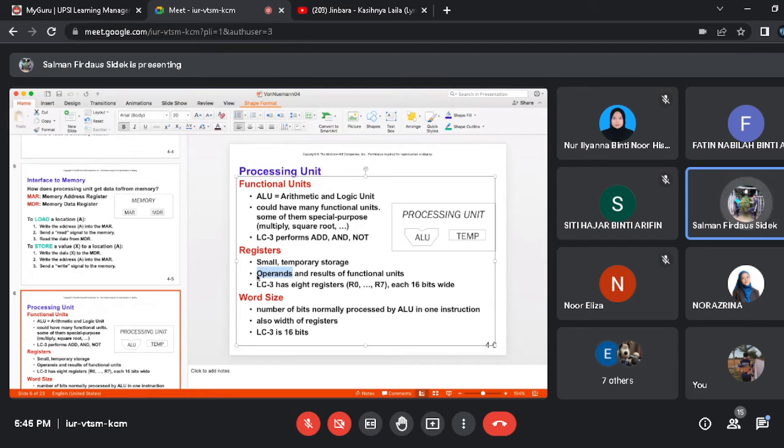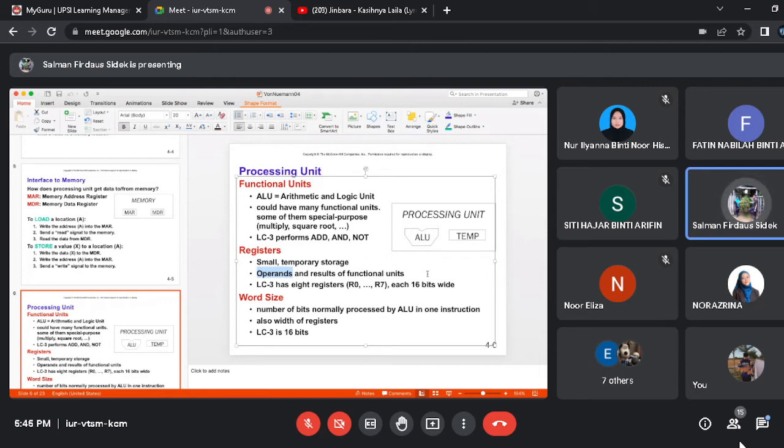Each of the storages is 16 bit in size. So it means that in one cycle, at least 8 data, data plus information, can be kept in the temporary storage because it has 8 registers, 8 spaces. Each of the registers is 16 bit.